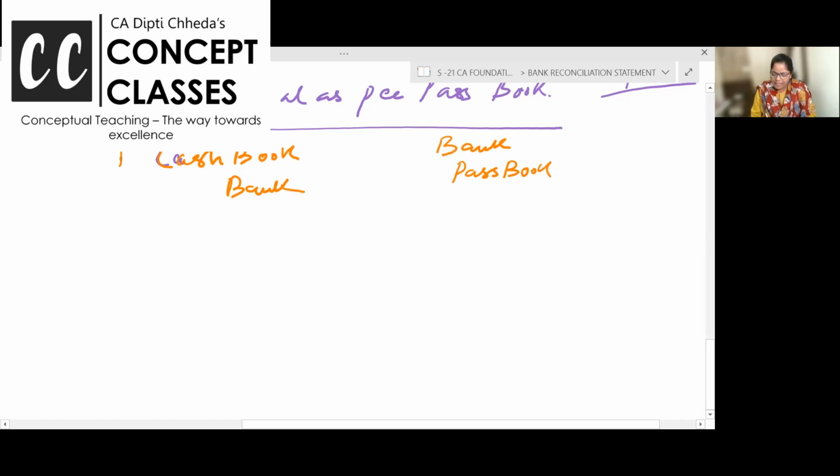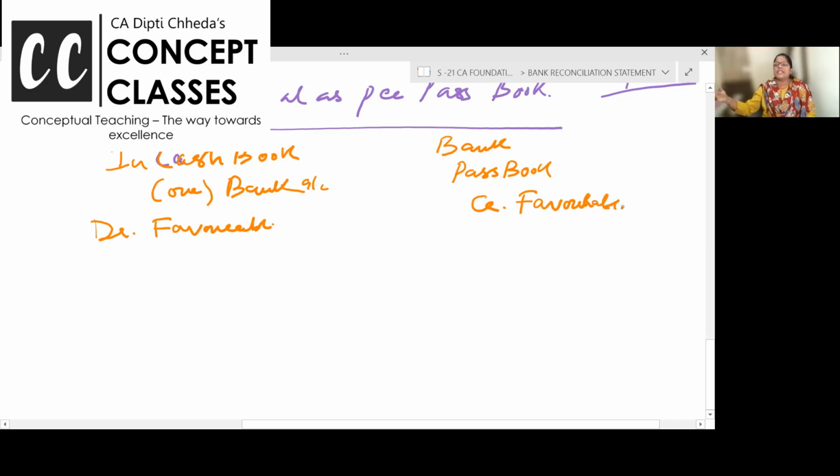This is the cash book, bank account, that is our books, and this is the bank passbook. If this is showing a debit and favorable balance, this will show a credit and favorable balance. Credit is favorable means the passbook is saying I have to pay this much, while I am saying the bank has to receive.